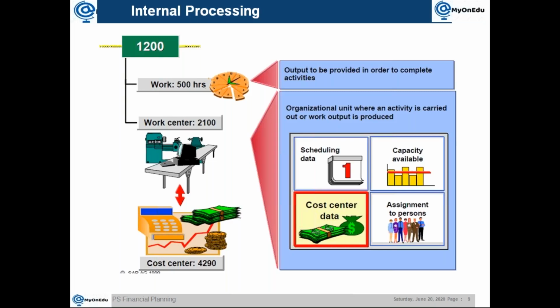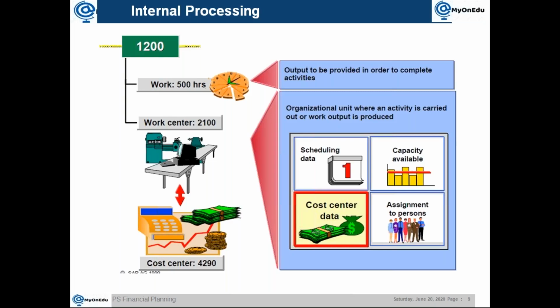Normally, the activity type will default if you have defaulted it in the work center. Then from that work center perspective, the system takes that activity type multiplied by the number of hours, and calculates the total cost for those internal activities.